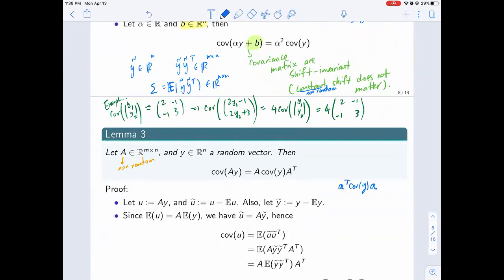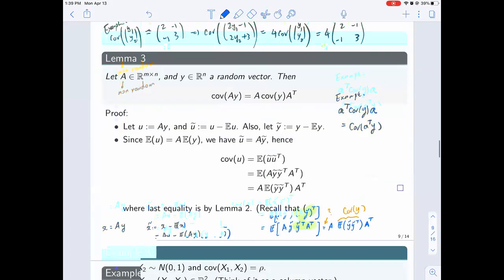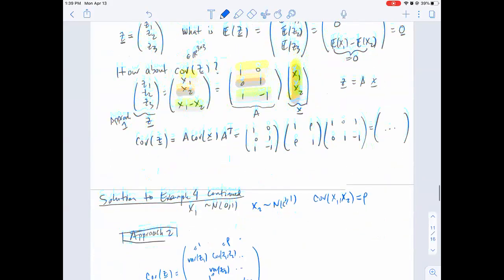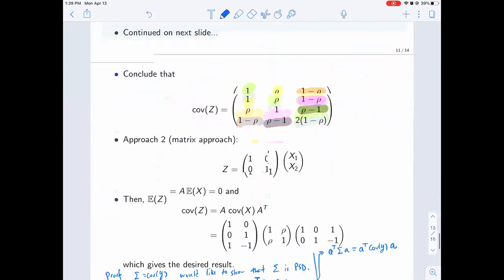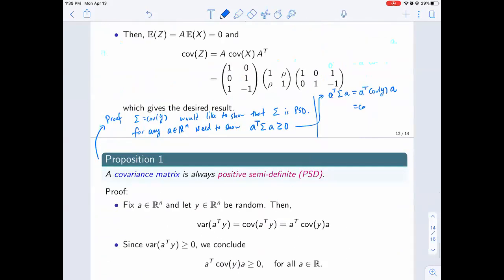What about lemma 3? Can you say that this is equal to something interesting? It's equal to the covariance of A transpose Y. Yes. So this is going to be equal to the covariance of A transpose Y.